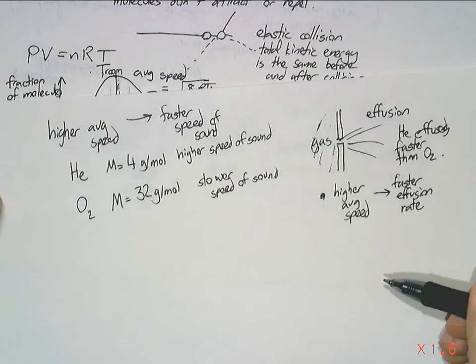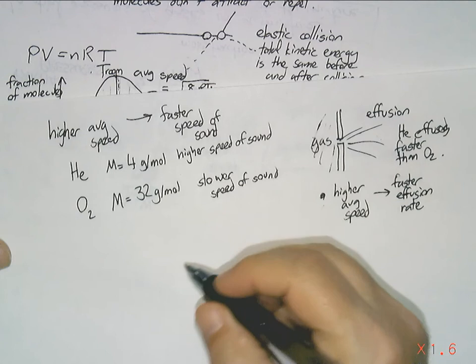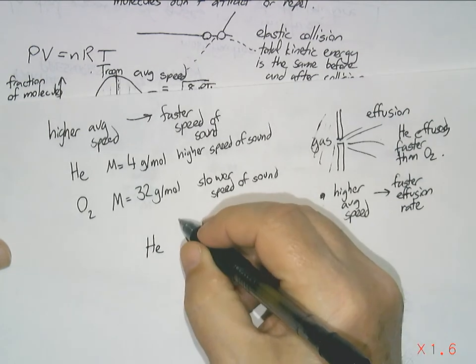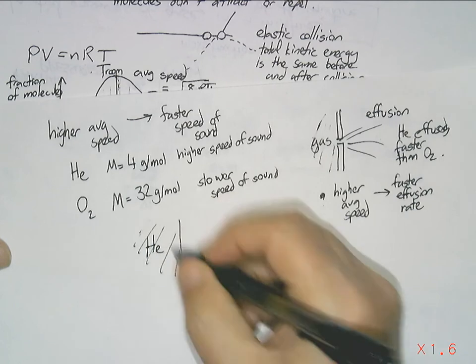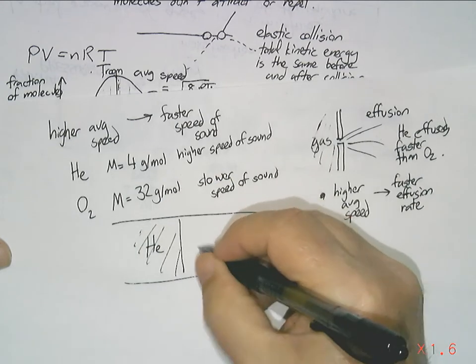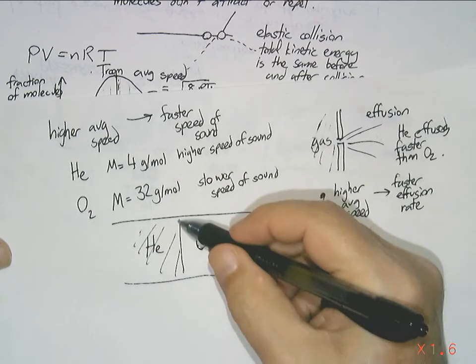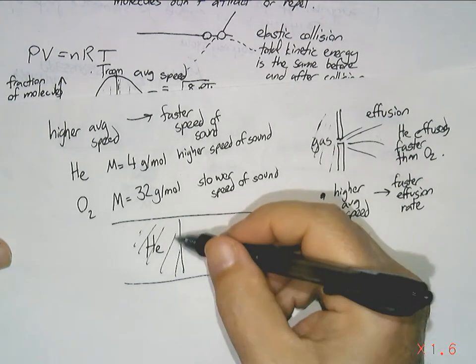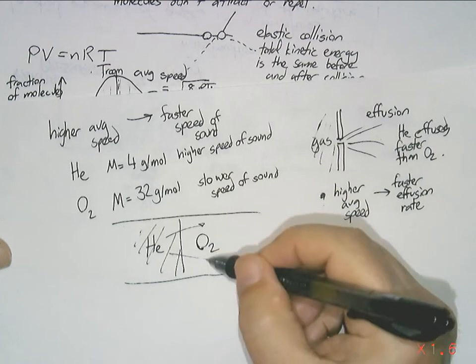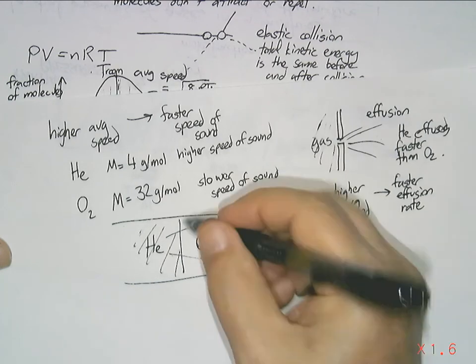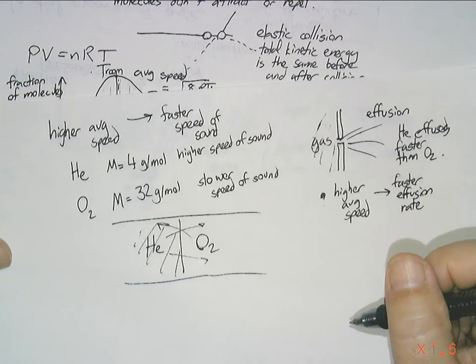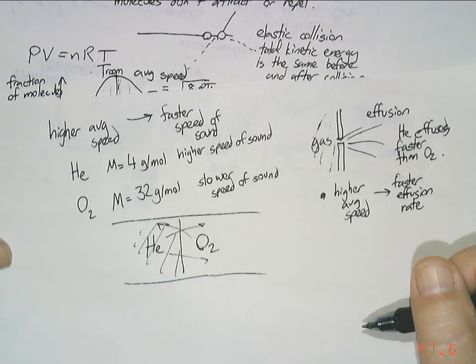Another effect that you get is diffusion. So suppose you've got some helium here in a tube, and you've got some oxygen here, and you've got a wall between them, and you take the wall away. What will happen is the helium molecules will move into this space, and the oxygen molecules will move into that space. And which happens faster?